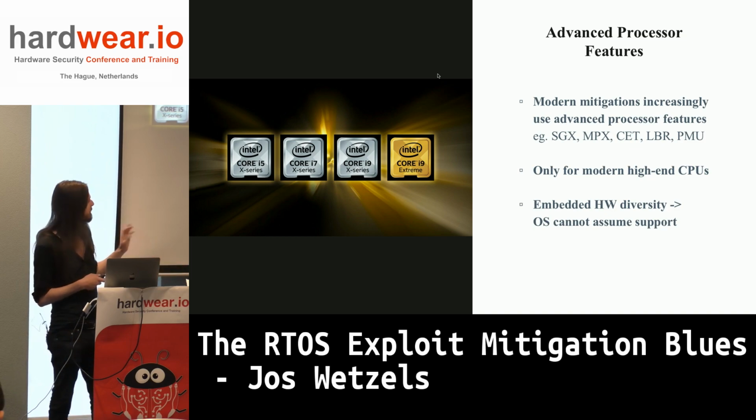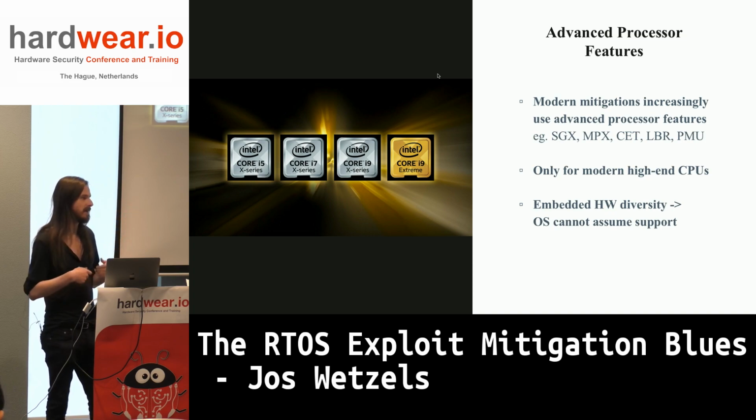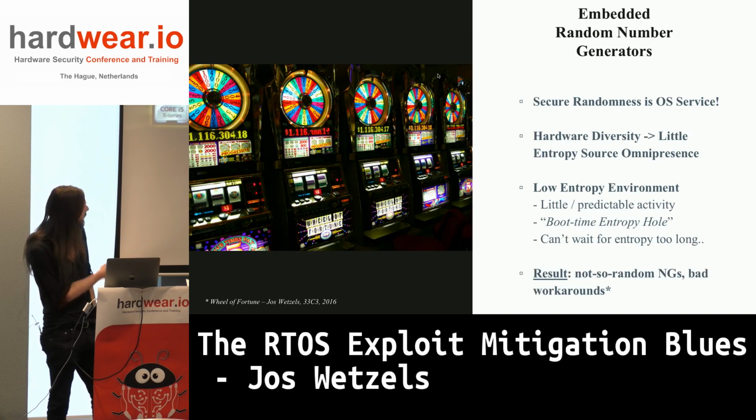And even if they were to be adopted by certain families that are suited for the embedded space, then because of the wide diversity in hardware in the embedded world, if you design an operating system, you cannot assume that this functionality is present in all the hardware that you want to be deployed on. So, you're also constrained in that regard.